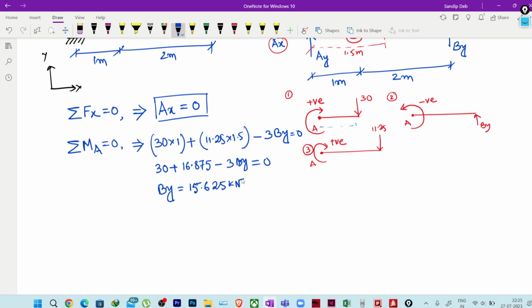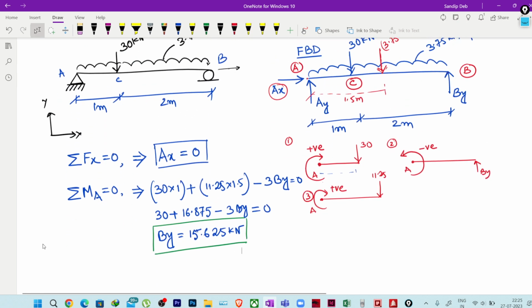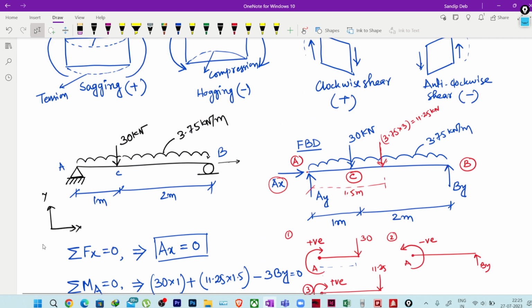Now if I find By from here, By will be 15.625 kilonewton. Okay, so I have this By, right? Now I have the By. What is this, shear?